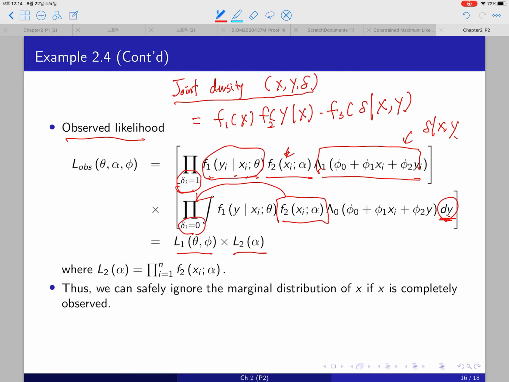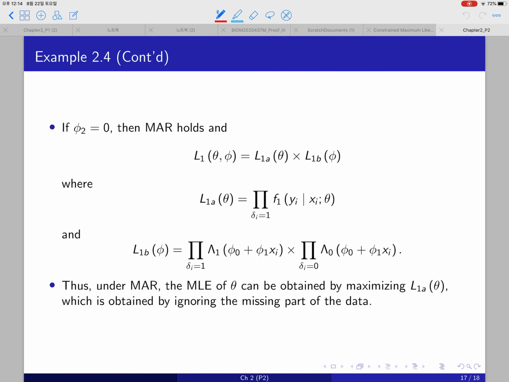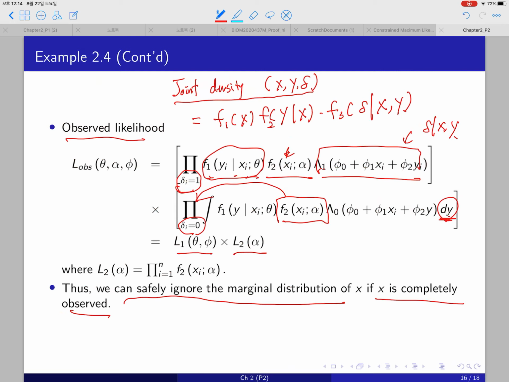So that means you can safely ignore the marginal distribution of x if x is completely observed. Now here's another important point.